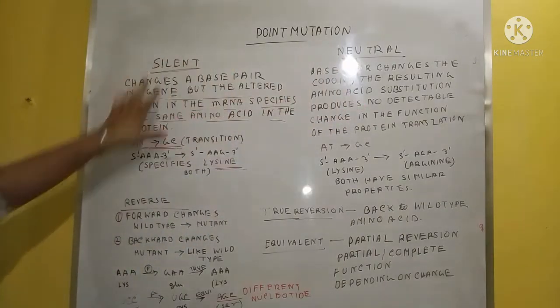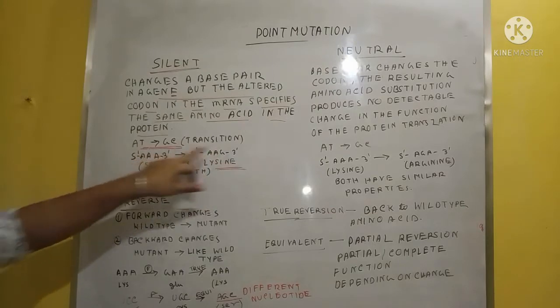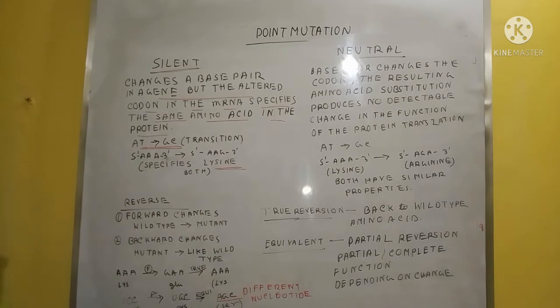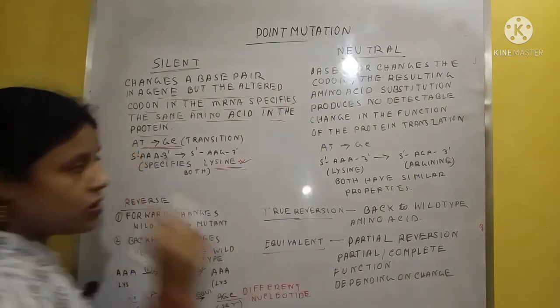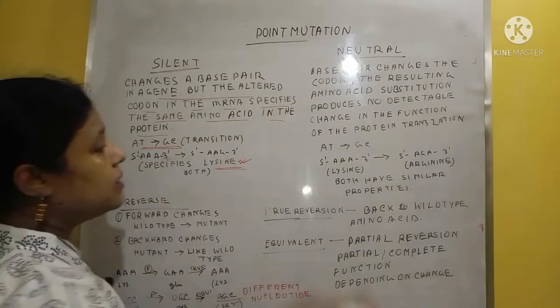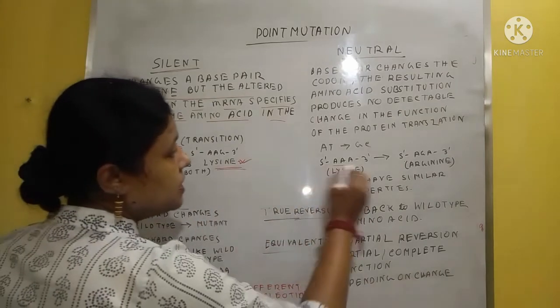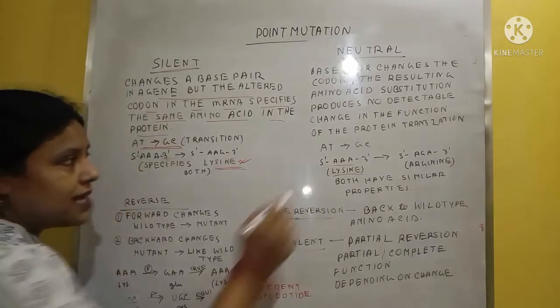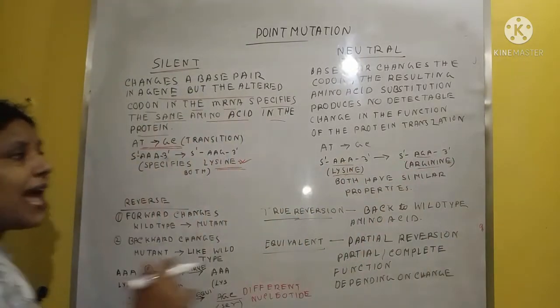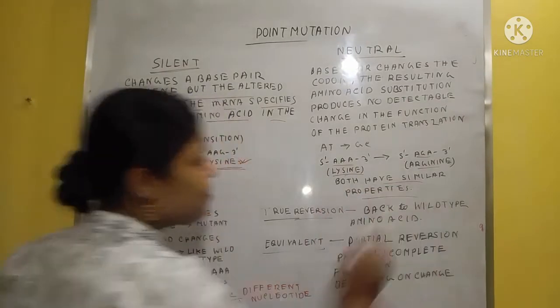In case of silent, both codons specify or recognize the same amino acid, so a silent mutation we cannot identify. In the same way, a neutral mutation, this point mutation we cannot identify, because this recognizes lysine and this recognizes arginine, but both have similar properties.